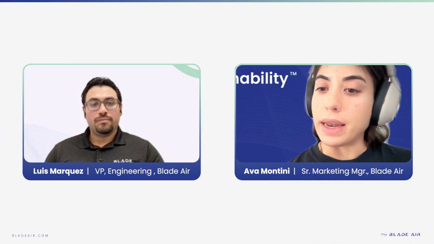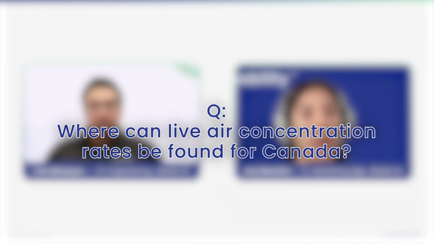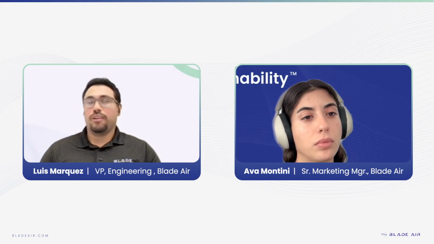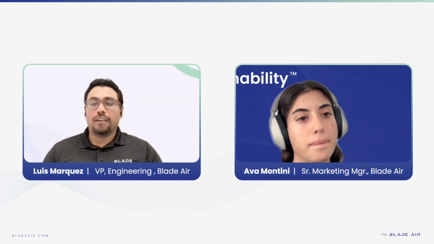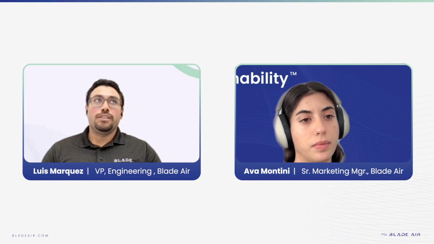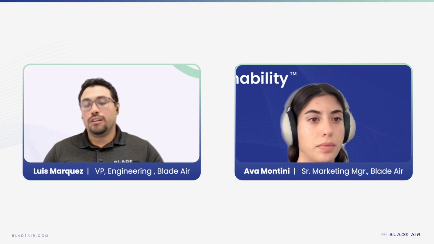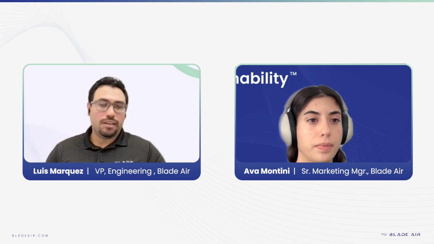Where does one obtain live local data of outdoor air concentration rates for Canada? I use the EPA just because it's more North America-wide and it's the actual one that ASHRAE provides. Canada does provide public data as well. Actually, every airport has local data on air quality pollutants that are available on a public website.